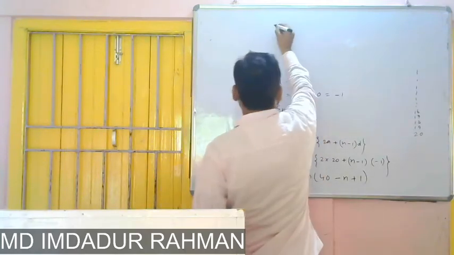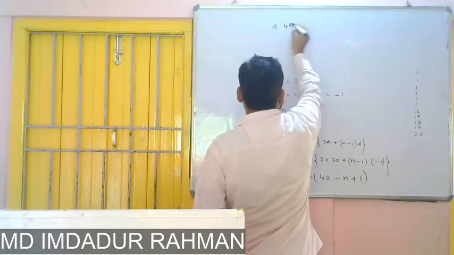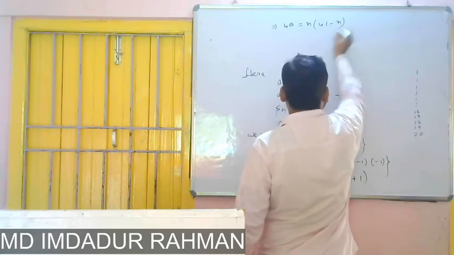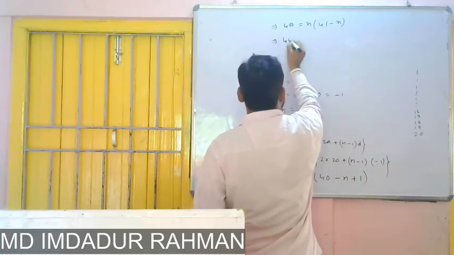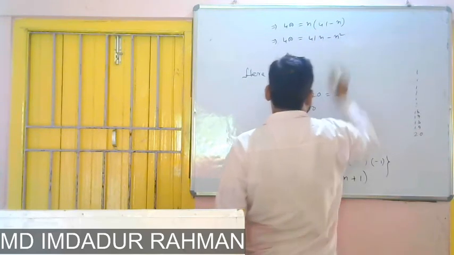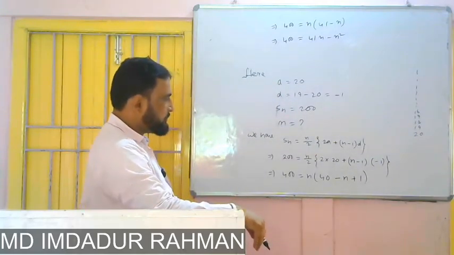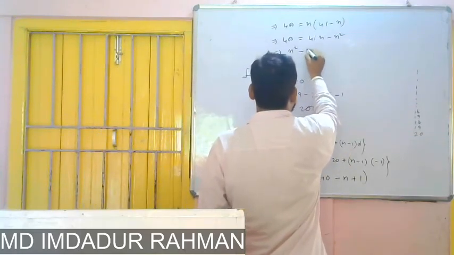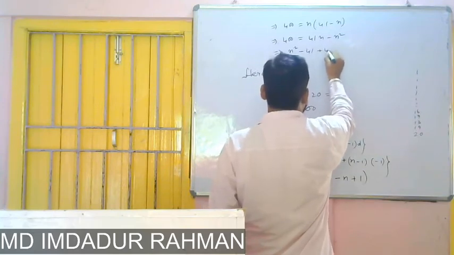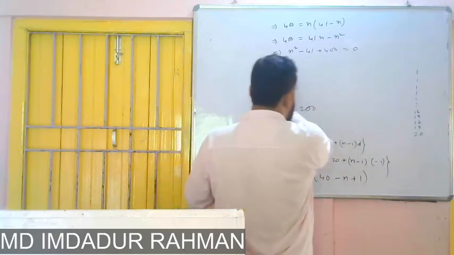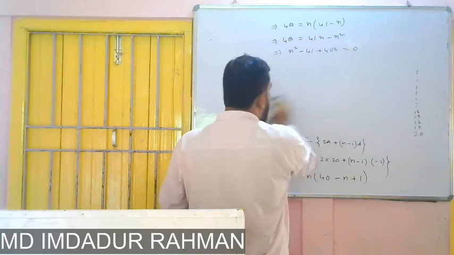Now you see, 40 minus 1 is 39, so 400 is equal to n into 41 minus n. So 400 is equal to 41n minus n square. Implies n square minus 41n plus 400 is equal to 0. Now using the middle term, we can find out the value of n.